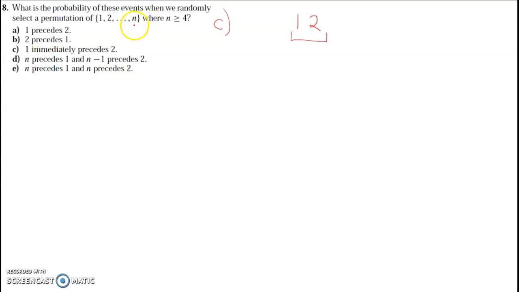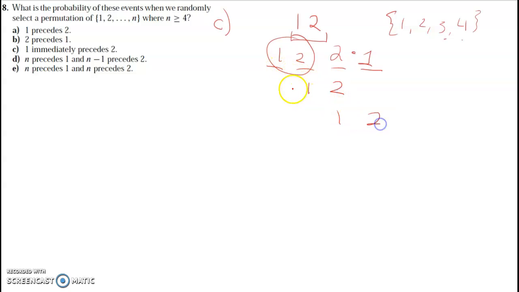So let's say n is 4, then we have the set containing 1, 2, 3, and 4. Out of 4 spaces, if we put 1 and 2 here, they're kind of bound together. If that's the case, then how many choices do we have here? 1 and 2 is used, so we have 2 other choices. It could be either 3 or 4, and the last remaining choice. And 1 and 2 can be here, and also here.